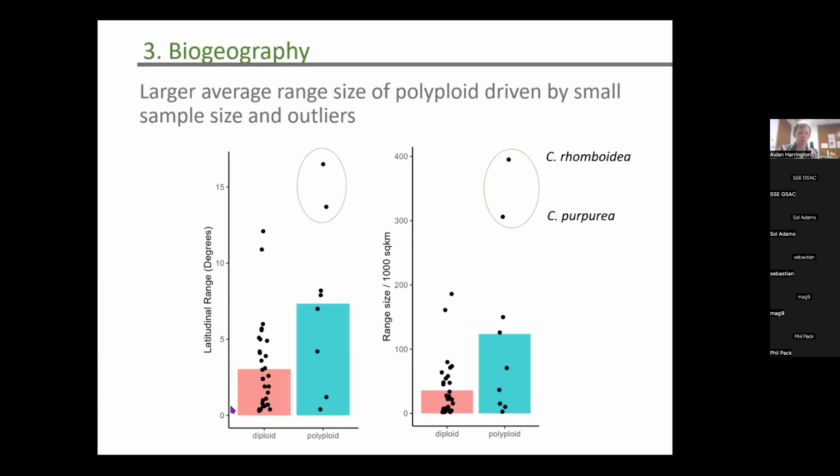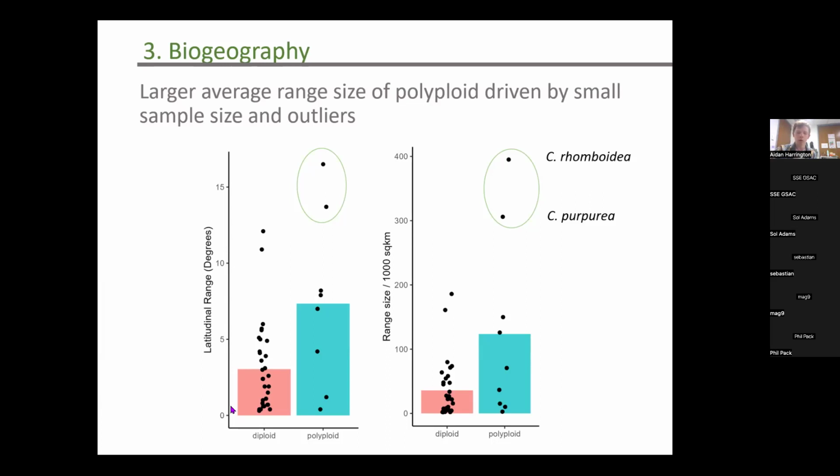So it seems premature to suggest, based essentially on just these two outliers, rhomboidea and purpurea, that polyploidy is clearly driving an increase in range size. Obviously, these two polyploids have large ranges, but that doesn't seem to justify just saying, oh, well, polyploidy drives range size increases, and stopping there.